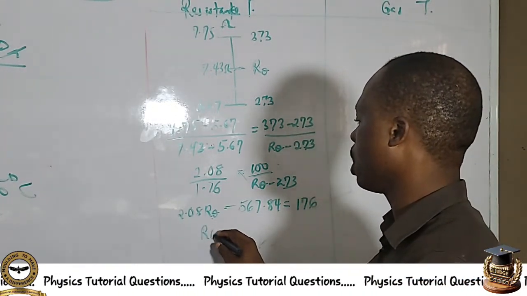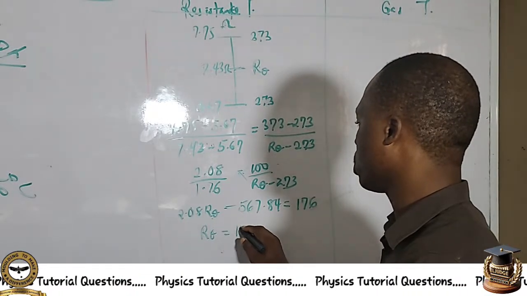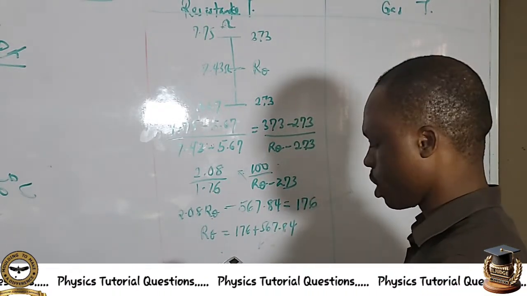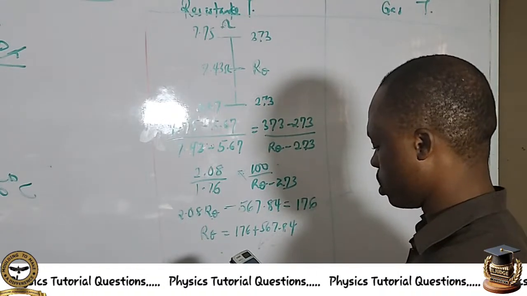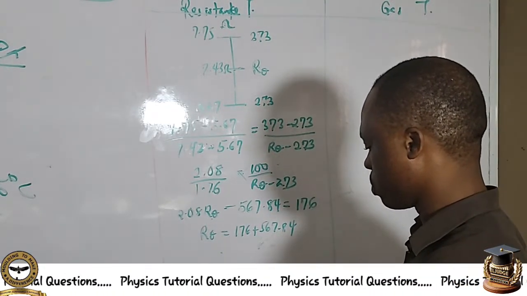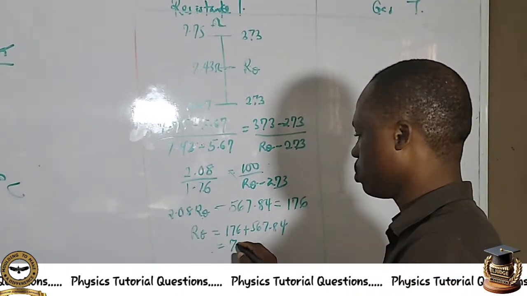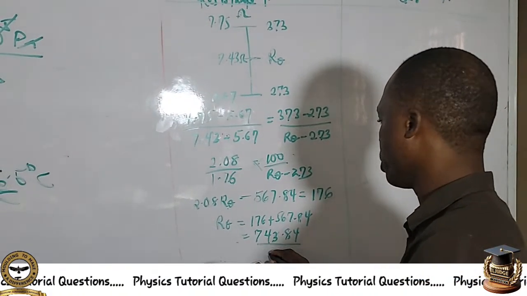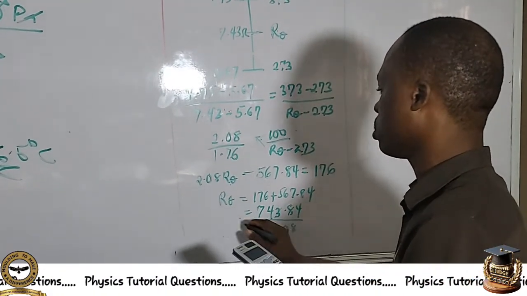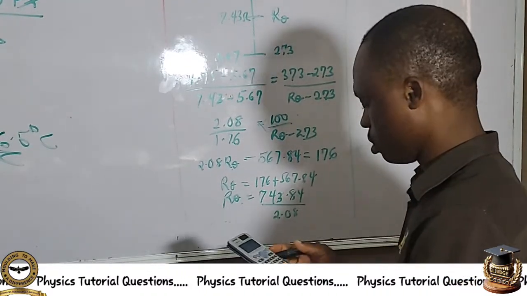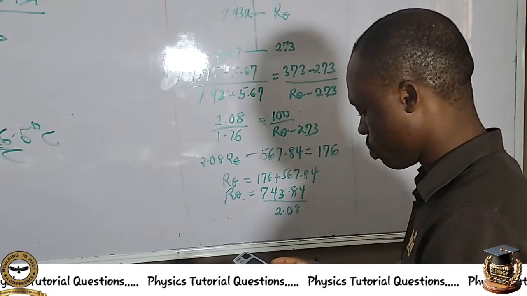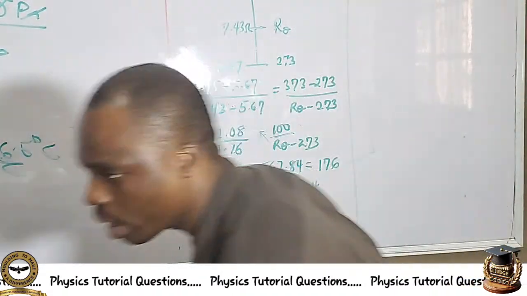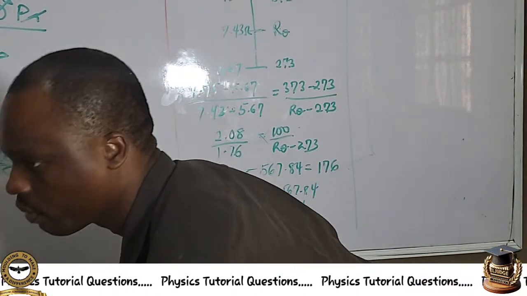So R theta equals 176 plus 567.84, which gives us 743.84, divided by 2.08.